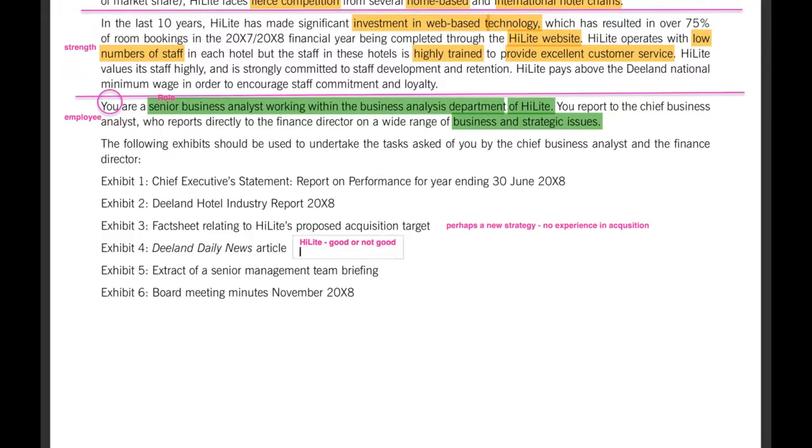Or the article may be about other hotels. Okay, talking about what? What other hotels have done, all right? Okay, what they did. Or, okay, good or bad.